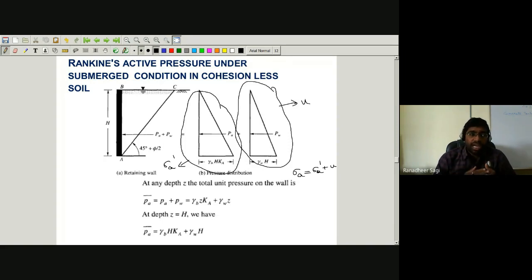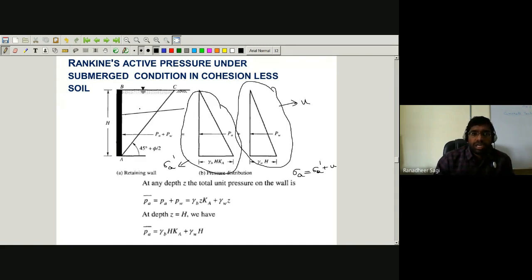So you might even have the existence of water table. You might also have the condition of surcharge load acting on the ground, in the sense on that backfill material. And you might also have some layered soil existing as a backfill material. It means the soil throughout the depth of the retaining wall may not be uniform.